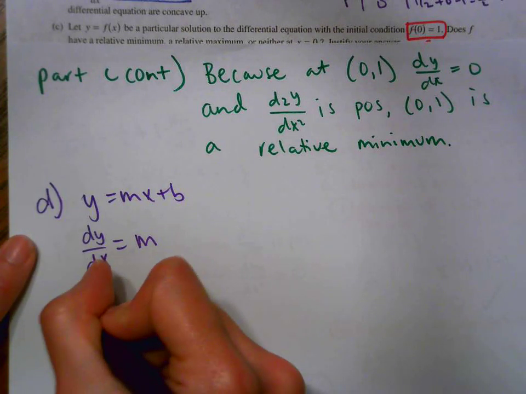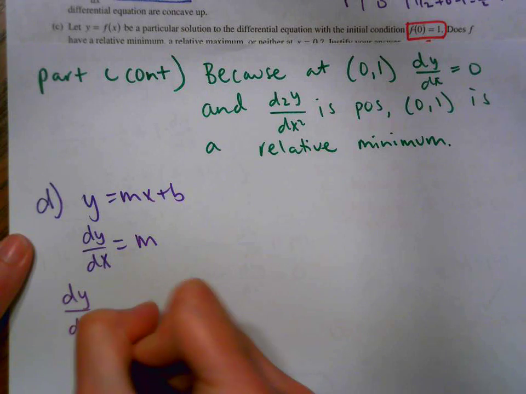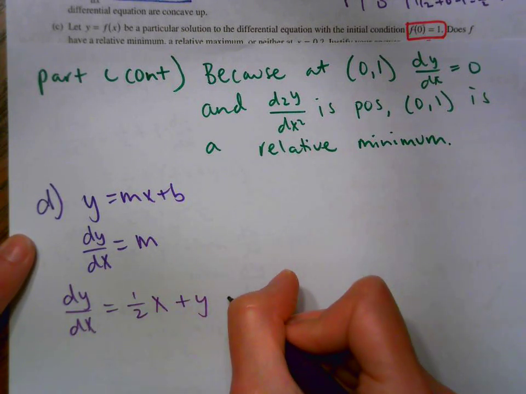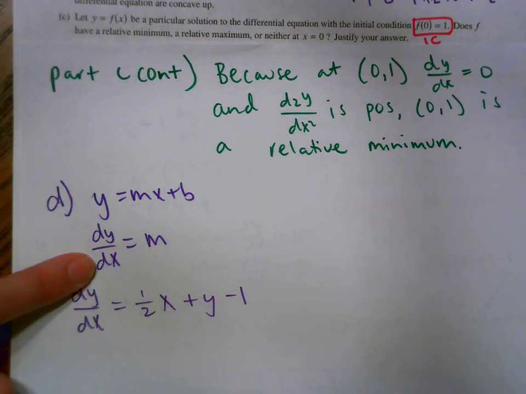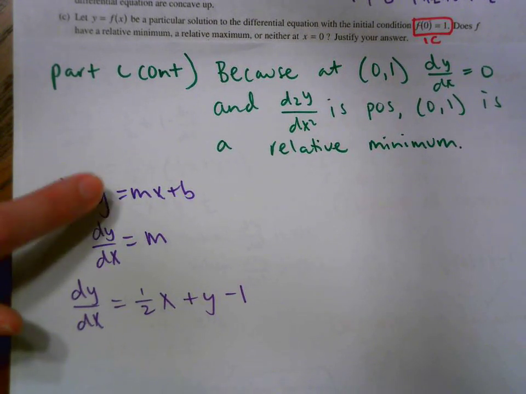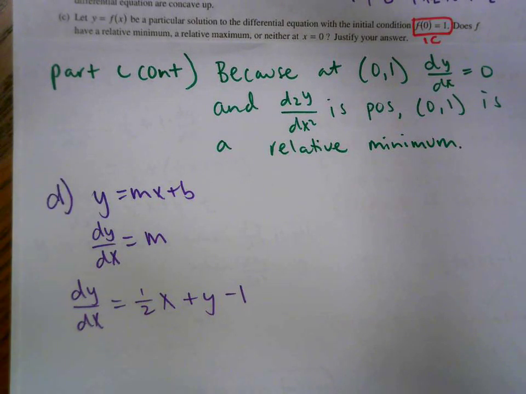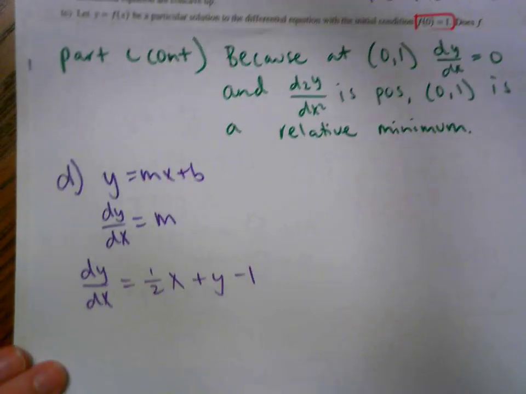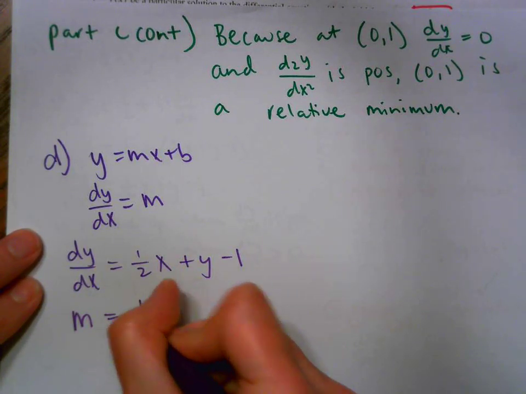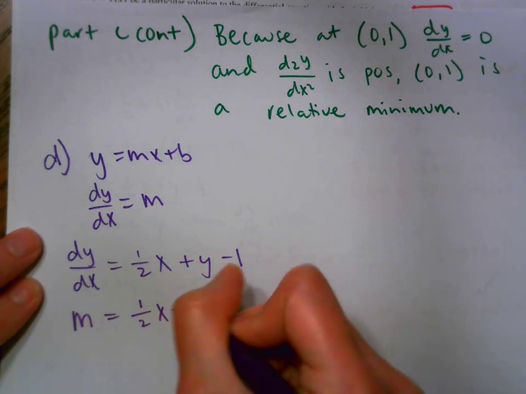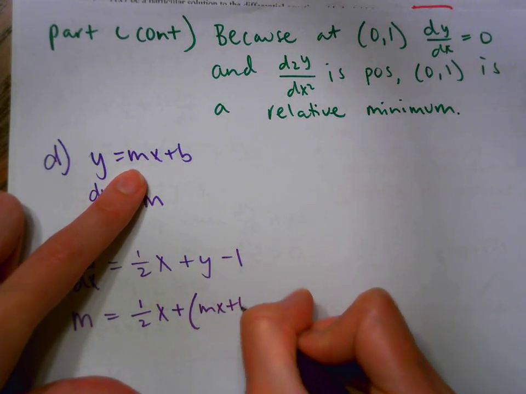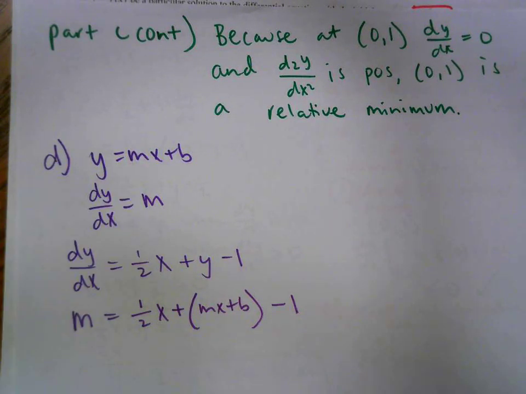So what we're going to do is take our differential equation and rewrite it, and I plug in what my dy/dx equals and what my y equals. So I'm kind of getting it all in terms of x. So dy/dx equals m, and then I keep my 1/2 x plus, and then I'm going to plug in my y, which is mx plus b, and then you have your minus 1.